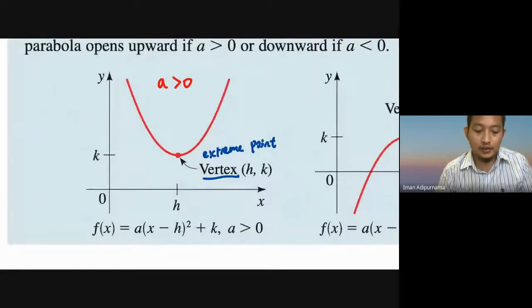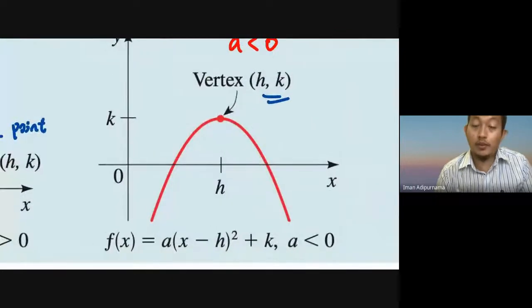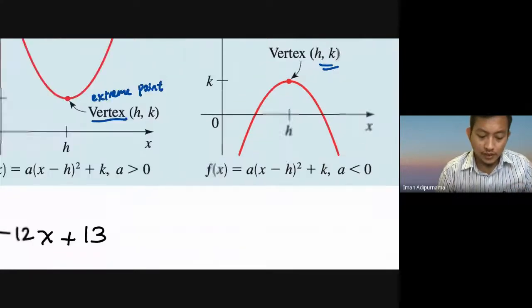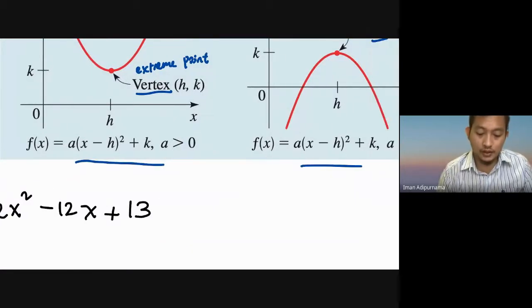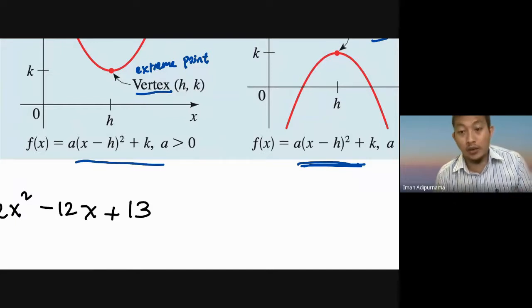If the graph is like the left one here, it has a minimum value, and the right side has a maximum value. I will review that part later on, but at least you get the idea that you have these two equations here, where one a is positive, the other one is negative.